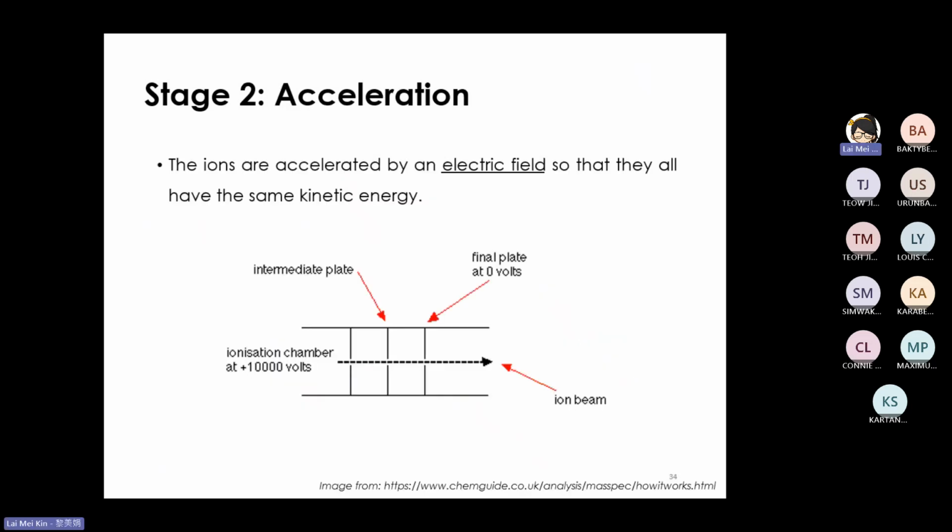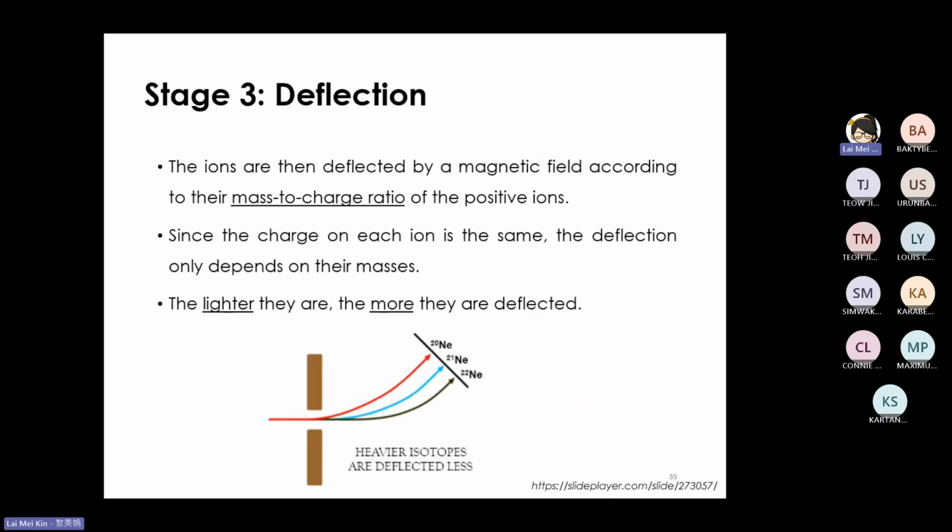Next stage, acceleration. Acceleration is by electric field, so that they move very fast. When I have an electric field, because they are ions, I cause them to move very fast. And then I reach the deflection stage. Deflection uses the mass to charge ratio, whereby the lighter they are, the more they are deflected.